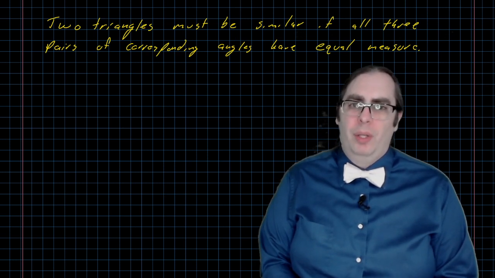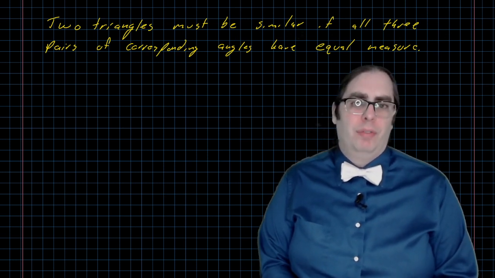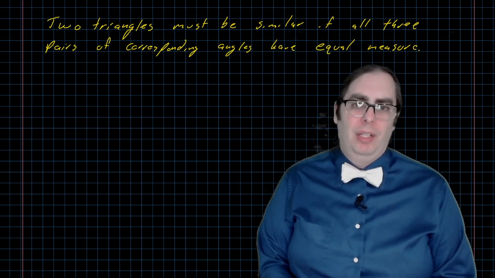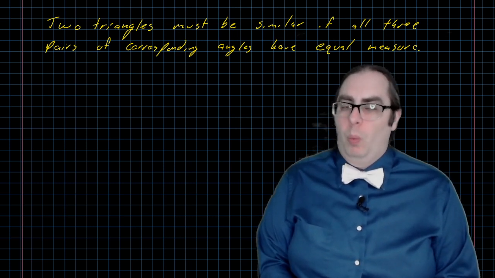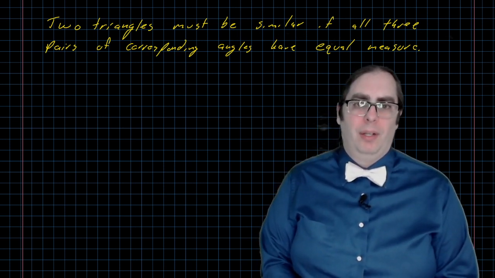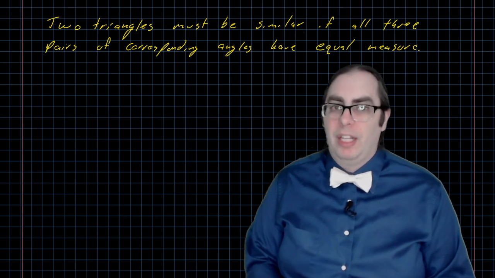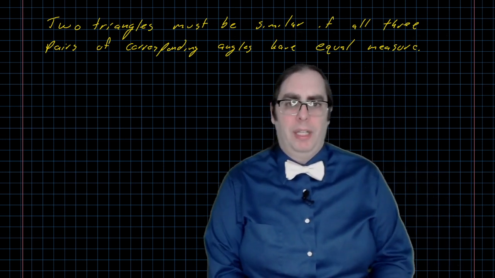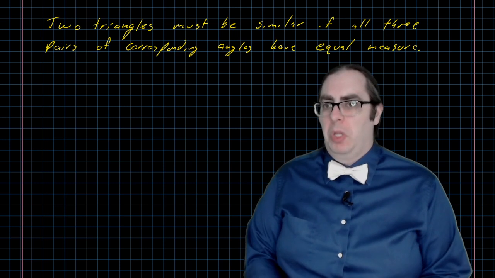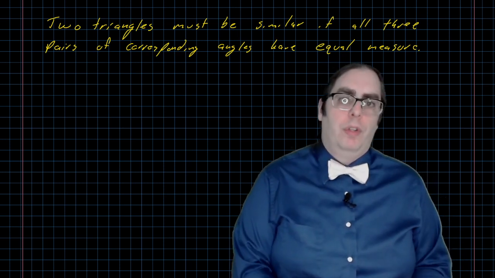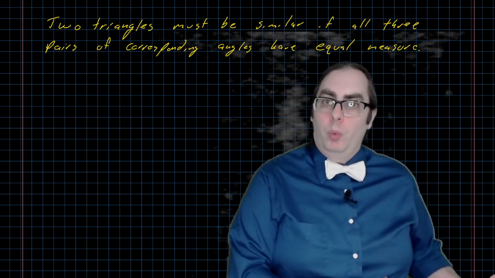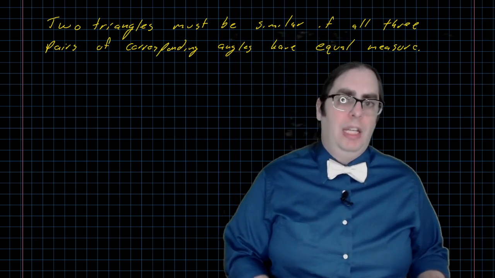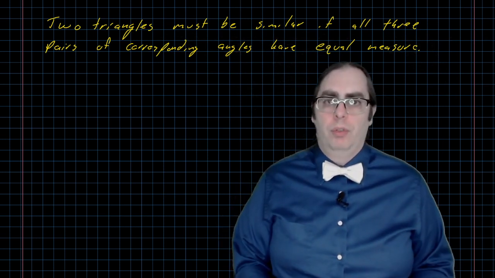We know that the three angles of a triangle add up to 180 degrees. So if you get one pair of corresponding angles that have equal measure, and you get a second pair of corresponding angles that have equal measure, once two angles of the triangle are known, the third one is determined. Just take 180 and subtract the measures of those two angles.